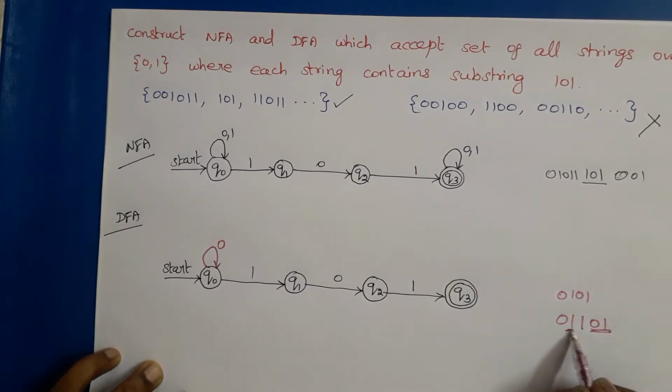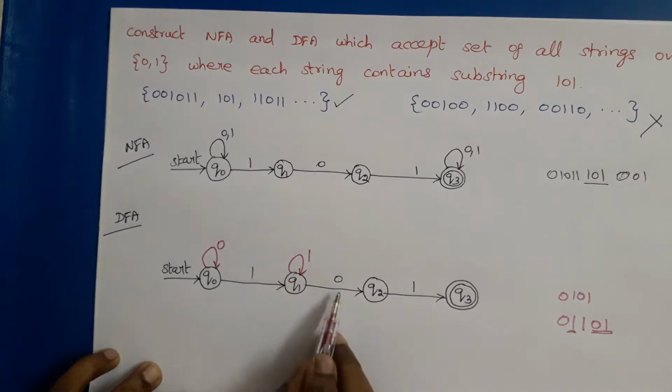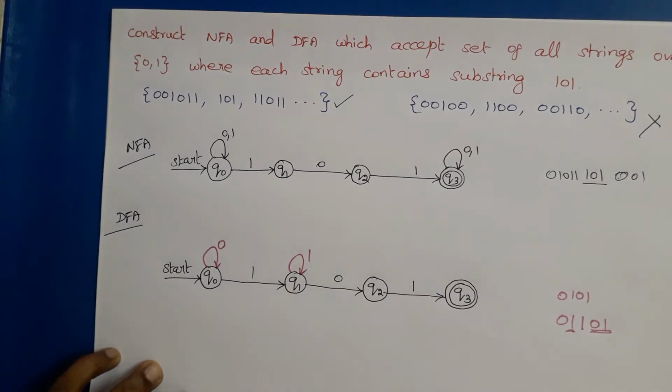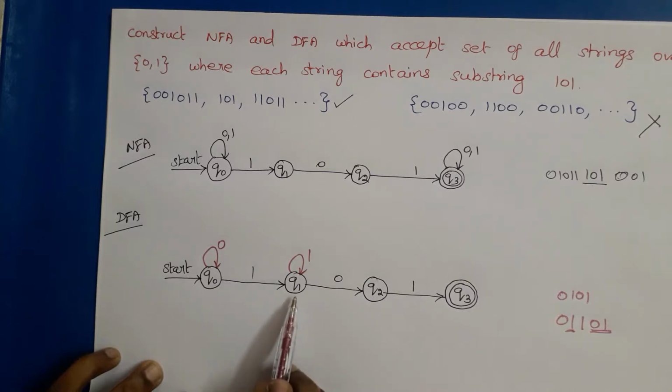So after recognizing 1, if one more 1 comes, it should remain in the same state, because we need to wait for 0, 1 to reach the final state. So we have drawn both transitions for Q1 also.